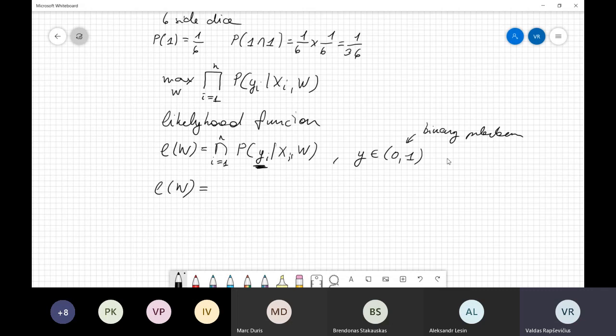We expect 0 or 1, but we can express it through a single probability for a single class, for instance for class 1. So let's rewrite it a little bit.